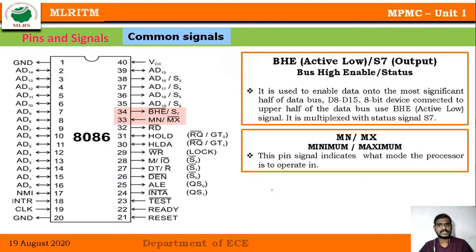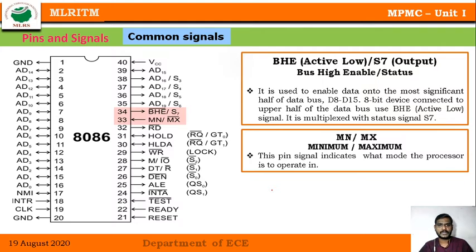This BHE signal is an active low signal and is multiplexed with the status signal S7. Whenever this pin goes low, it indicates that the higher order data bus, D8 to D15, is transmitting some data. Otherwise, it works to provide status information.